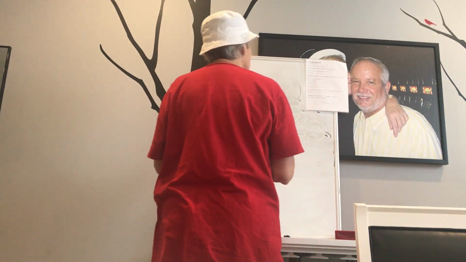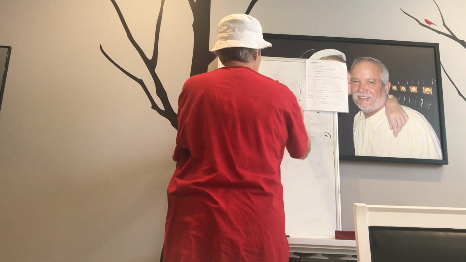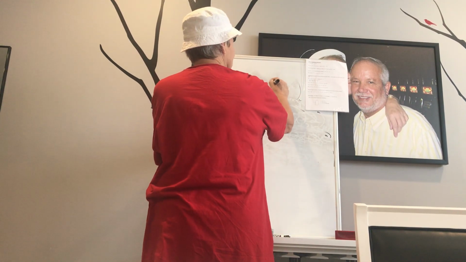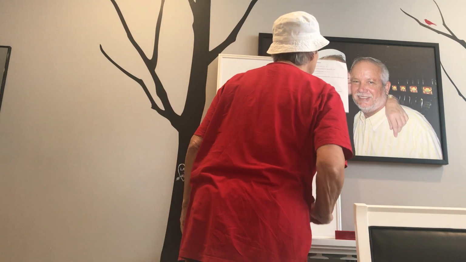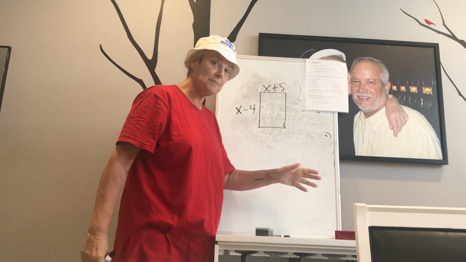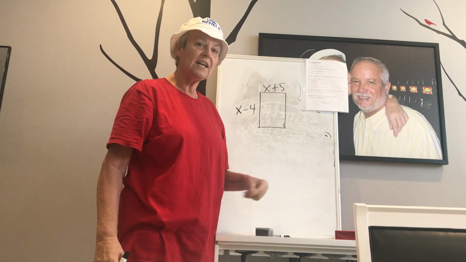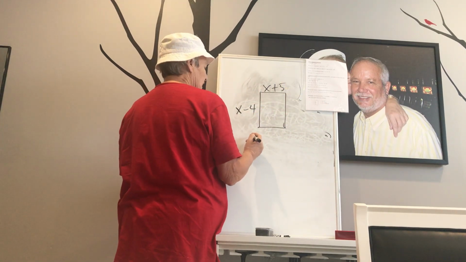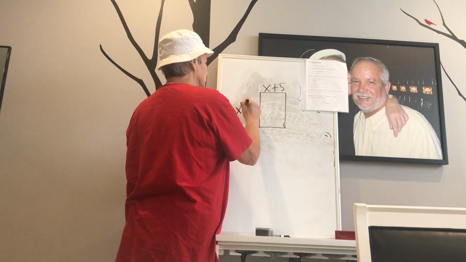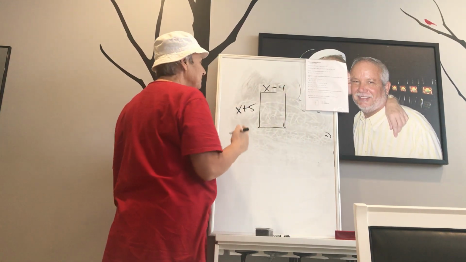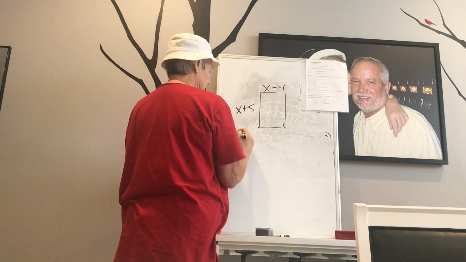Okay, let's do area of a rectangle. Let's say we have x minus 4 and x plus 5. And we want to find the area. Now the perimeter adds 4 sides. The area is length times width. So, probably ought to have it the other way around, because the width is shorter. Anyway, length times width.